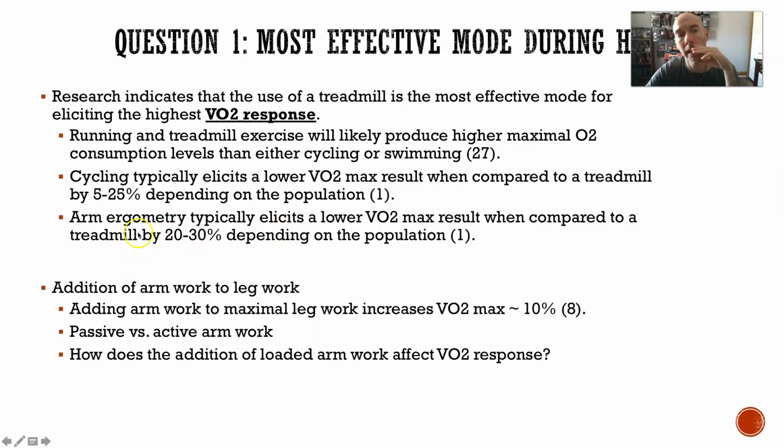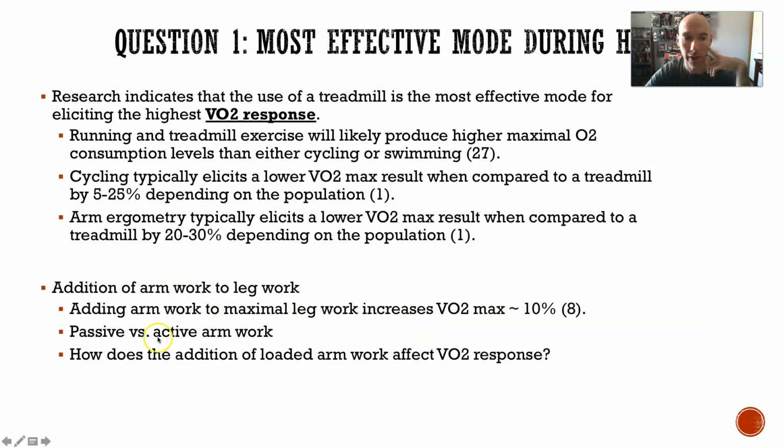So clearly, based upon these two bullet points, we need a full body exercise. If we really want to get the most out of our interval training, we need to use an exercise mode that uses both upper body and lower body. Adding arm and leg work improves VO2 max by about 10%.